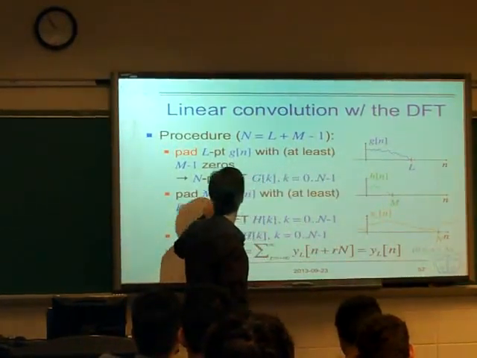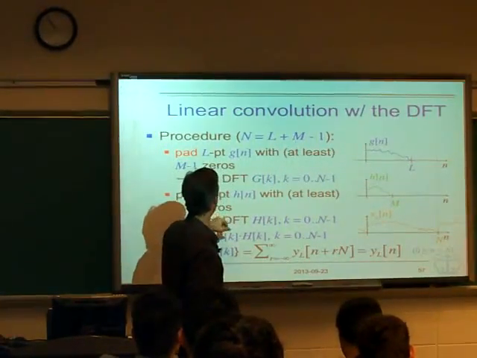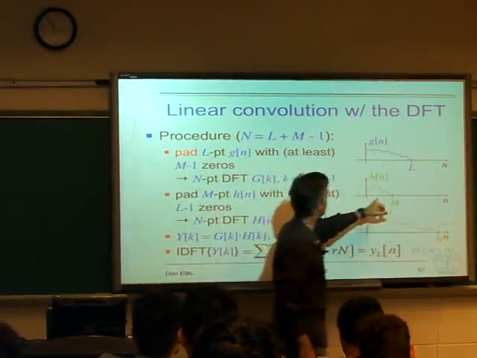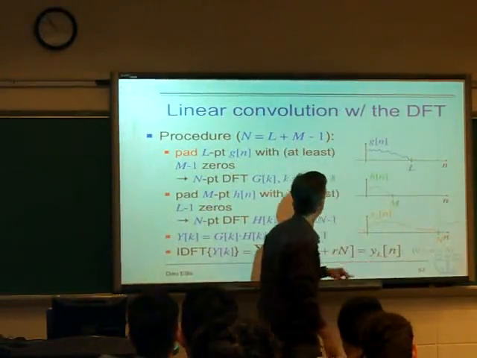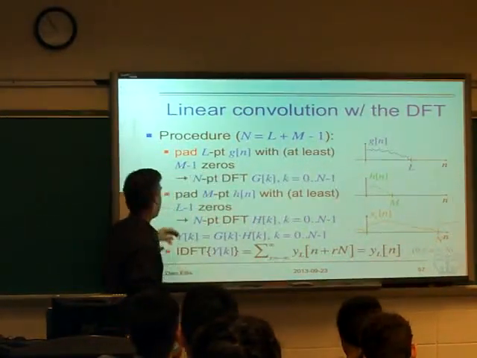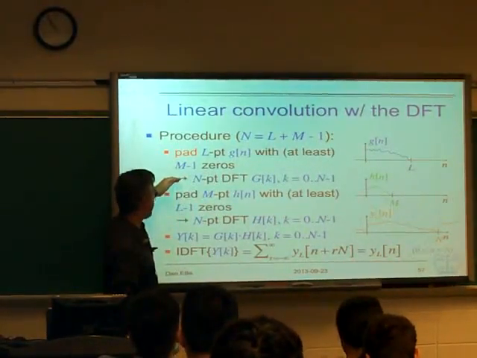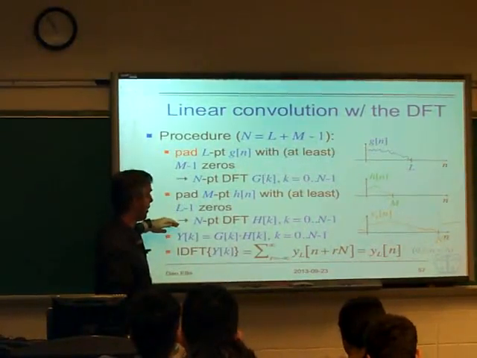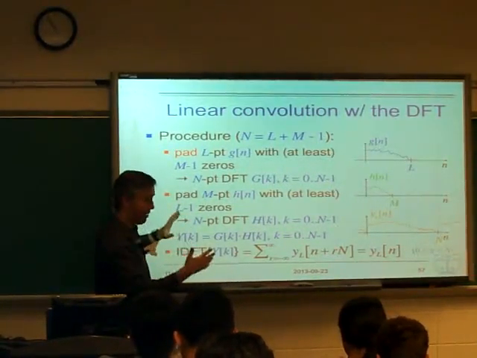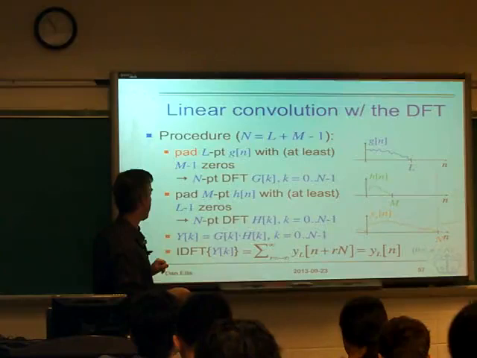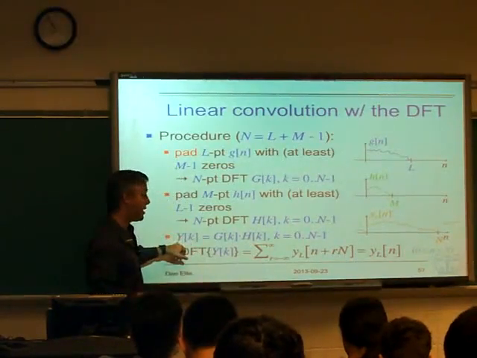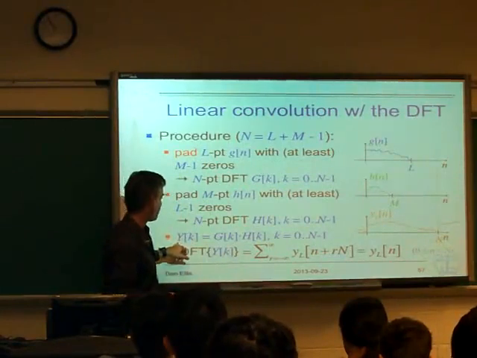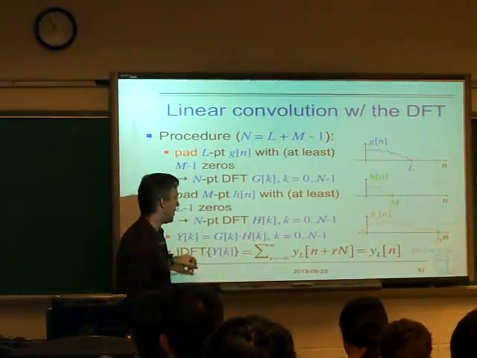We have our second M-point sequence, and we pad that with L minus 1 zeros to get it to be big n points long. We calculate the n-point DFTs of both of these, which now give us n-point spectra. We multiply them together point-wise to get the DFT of our output, and then we take the IDFT of that.